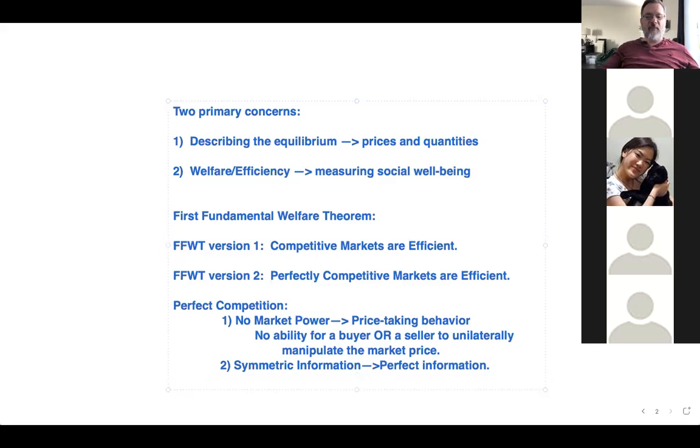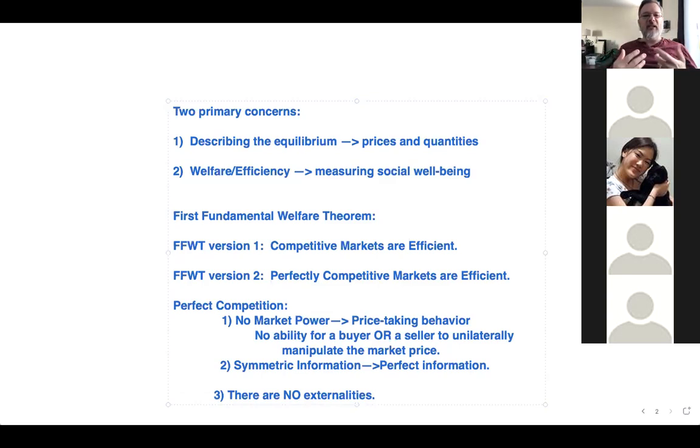And the third one is, and you all might have heard of this before, there are no externalities. Now, if you're not familiar with the idea of an externality, remember, we're looking at the welfare of society as a whole.